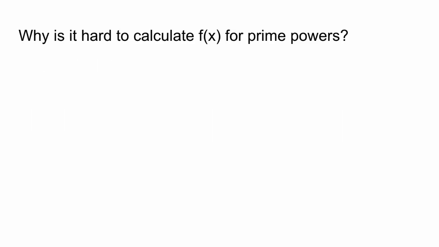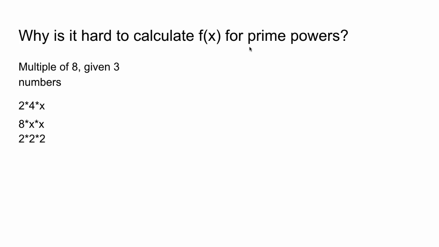Consider this. If I want to multiply three numbers together, how many ways can I get a multiple of 8? Well, the first number could be divisible by 2, and the second number could be divisible by 4. The first number could be divisible by 8, and the last two numbers could be absolutely anything. All of the numbers could be divisible by exactly only 2, maybe divisible by more, and there's really no end to how many ways there are to make a multiple of 8 given these numbers.